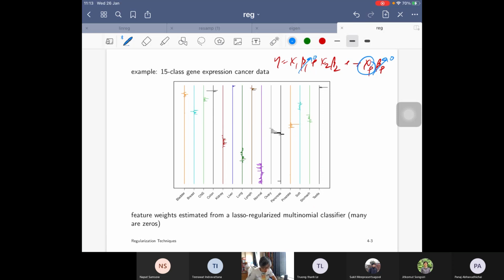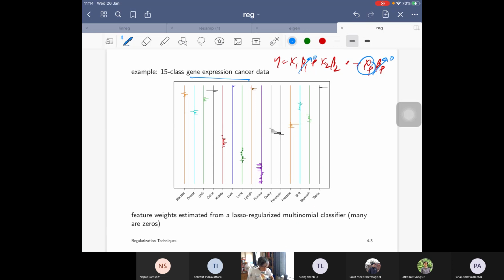Sparse solution is favorable in many situations. For example, when you have a linear regression model, if some beta is 0, you would immediately interpret that the corresponding predictor is not significant, not important. In many applications where the set of predictors contains many variables, like gene expressions of cancer data, if you have 1,000 genes, which one is significant?